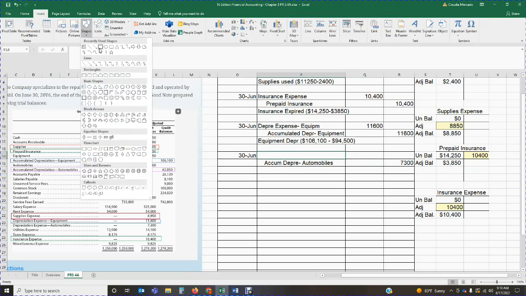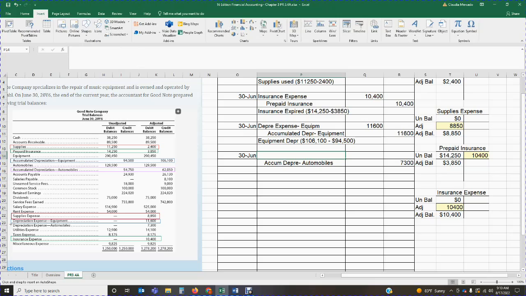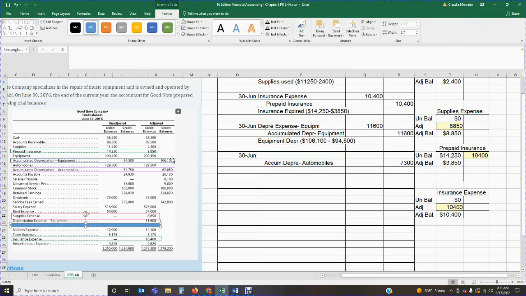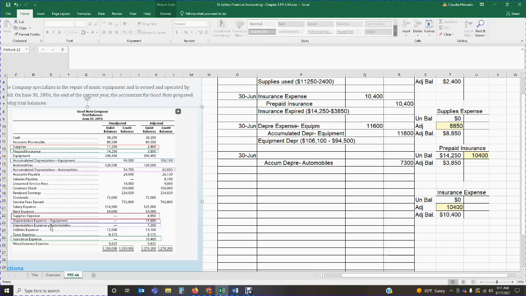Now let's look at the offset. I should have a depreciation account for my automobiles, which I do down here. My depreciation expense for automobiles started off with 0, and now I have a debit balance of 7,300. That means we must have debited our account by $7,300.